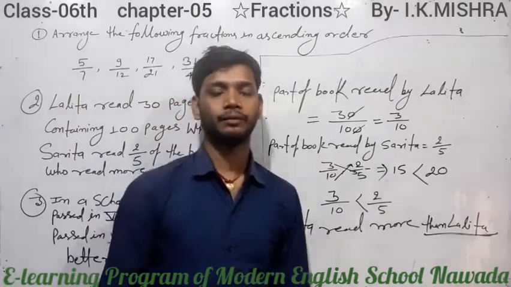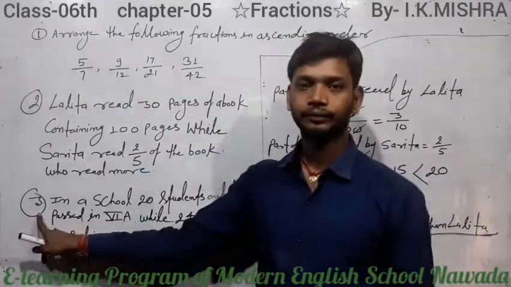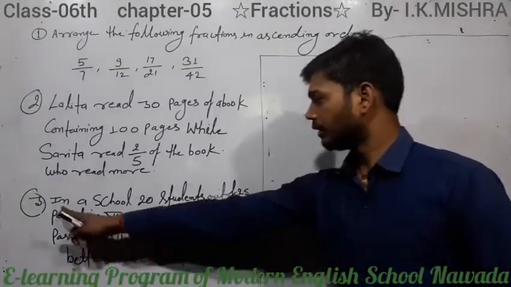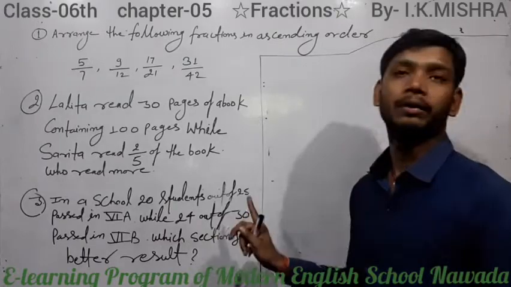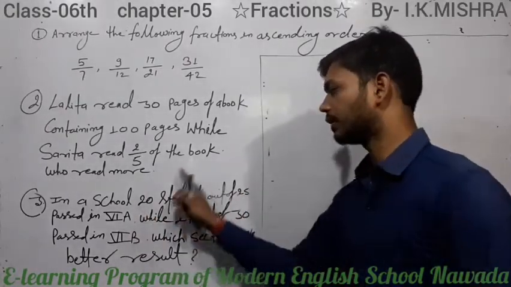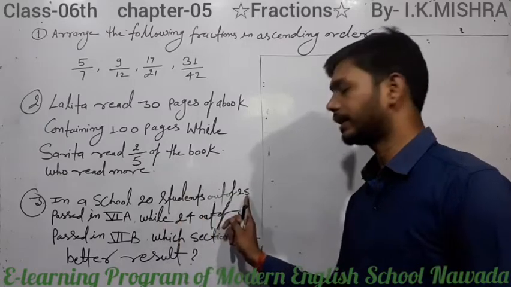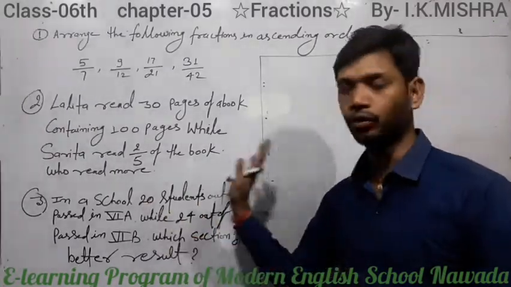Now, students, question number 3. In a school, 20 students out of 25 passed in 6A, while 24 out of 30 passed in 6B. Which section gave better result? Here, first find the fraction: 20 out of 25, that means 25 is written in denominator and 20 is written in numerator.